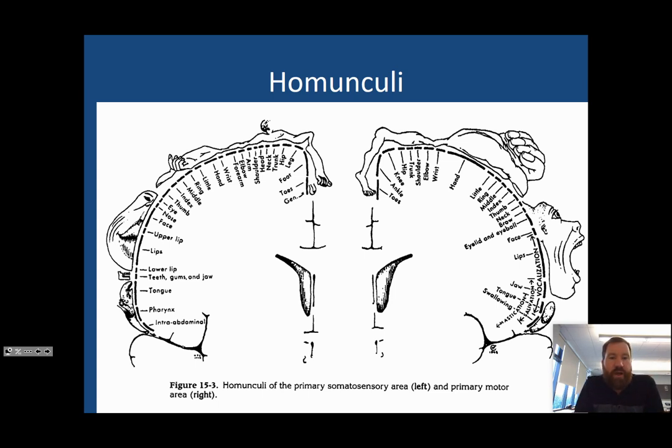If you think of it this way, look at the parts of the brain that are internal, right? So that would be in between the hemispheres. That would be the genitalia for the somatosensory cortex, as well as the feet. Also, feet and ankle, again, on the motor cortex, which means that those areas are a little protected.